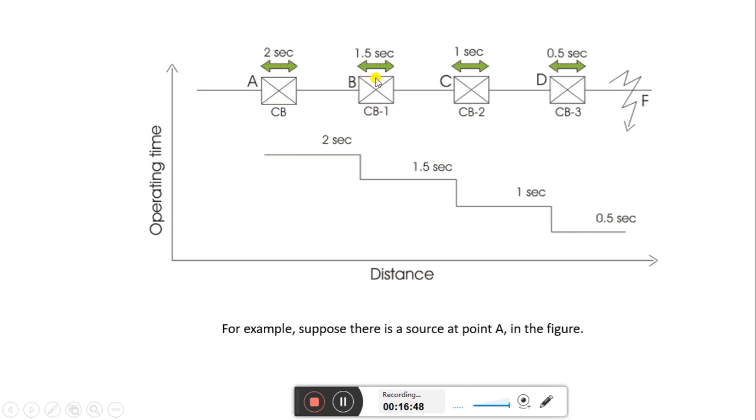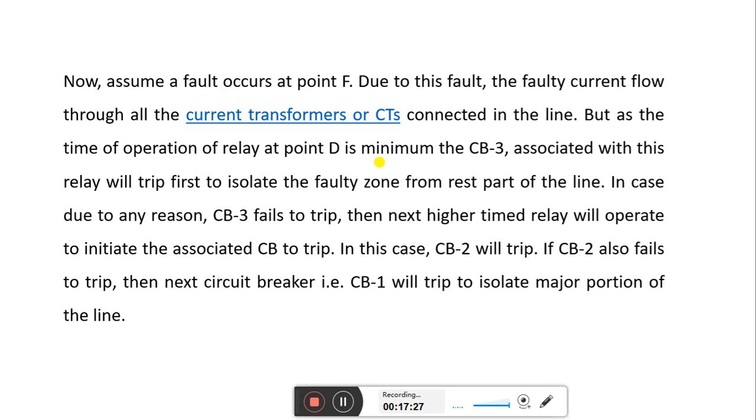First of all, up to 1.5 second, power from the source will carry on feeding the fault point. That is not desirable, first thing. And second thing, when CB1 operates, it means most of the length of this line will be disconnected from the source. That is also not desirable for an efficient protection system. That is what is written here in this part.